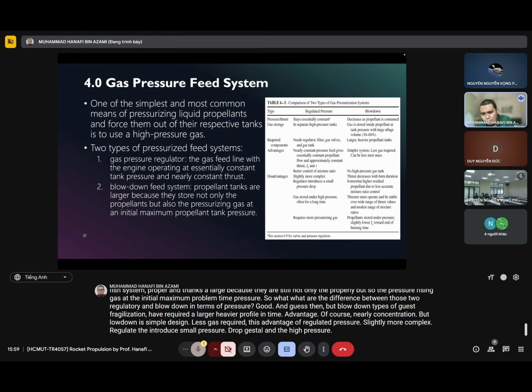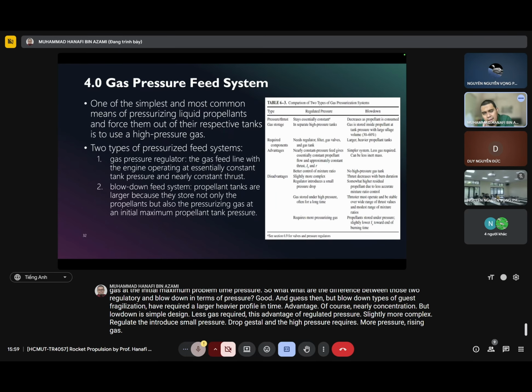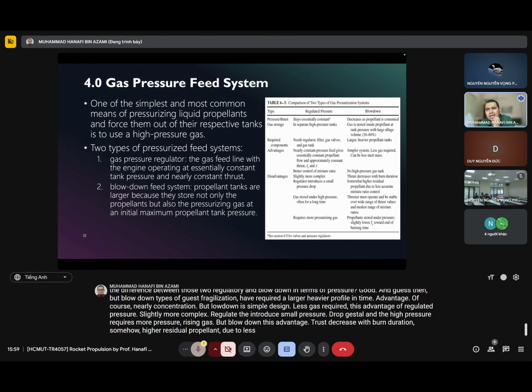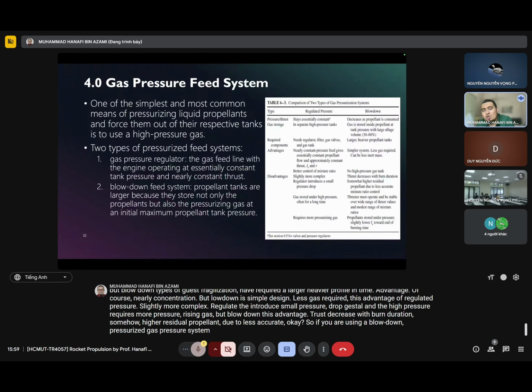Gas stored under high pressure requires more pressurizing gas. But blow down disadvantage, thrust decreases with burn duration, and somehow higher residual propellant due to less accuracy. So if you are using a blow down pressurized system, you actually have many residues.